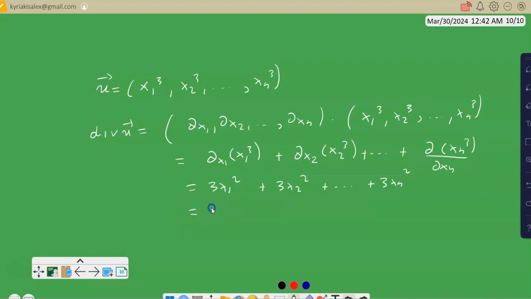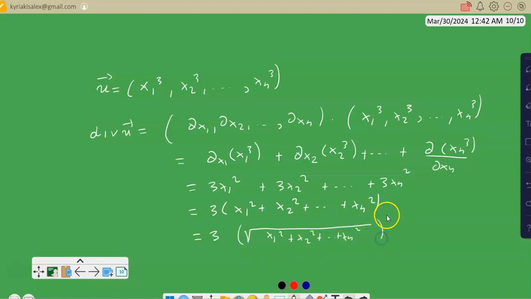We can take 3 to be the common factor in this case. And inside the brackets we have x1 squared plus x2 squared plus up to xn squared. This can be written as the square root of x1 squared plus x2 squared plus up to xn squared, and all of it to the power of 2.